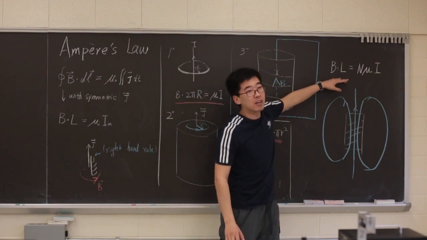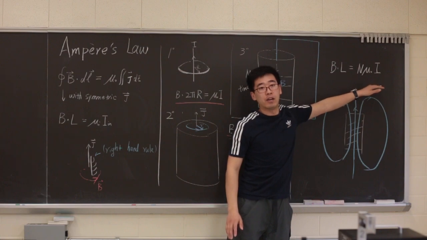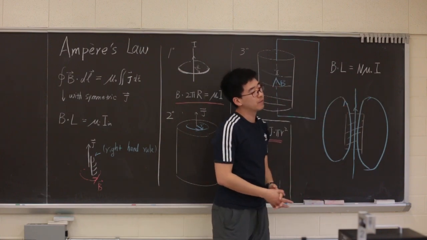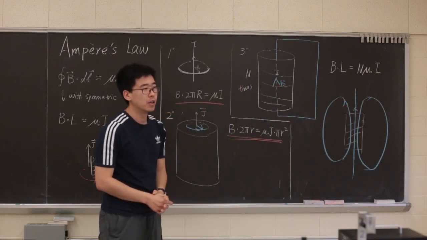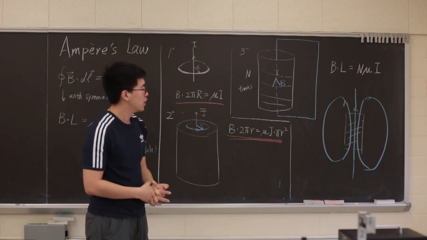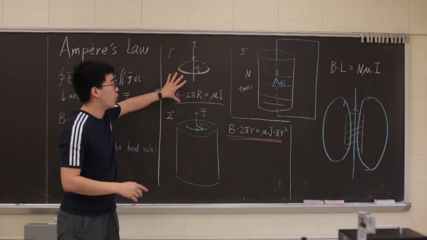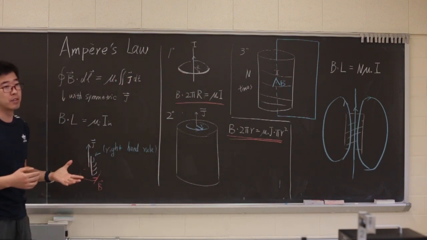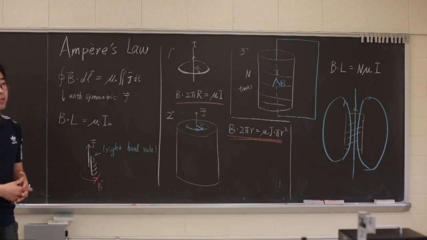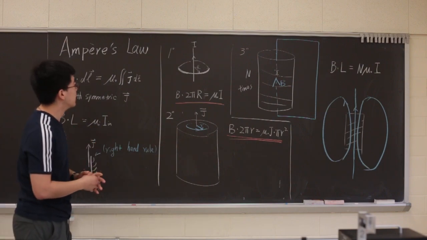So we get B dot L equals n times I, and that is a really useful formula for calculating the B field, because a lot of configurations are solenoids, and they will come up in the future. I'm pretty sure that will happen in your quiz in the lecture class instead of the lab. I don't know, but yeah.